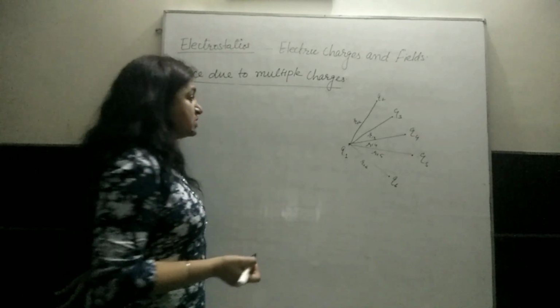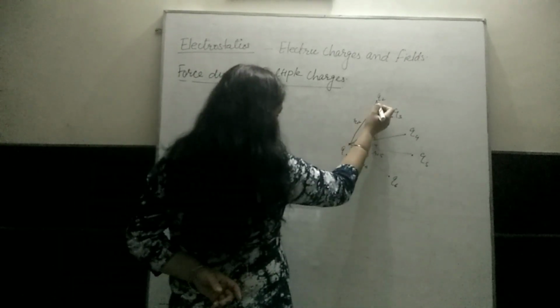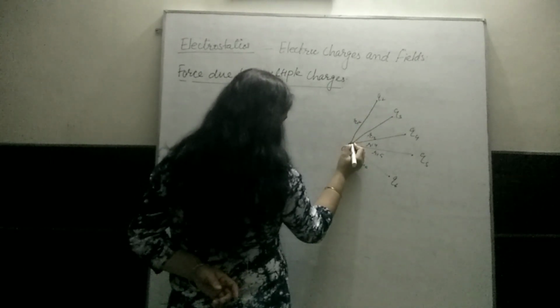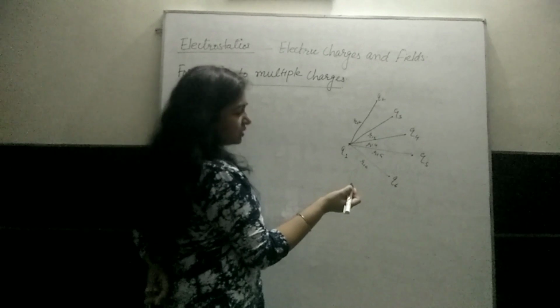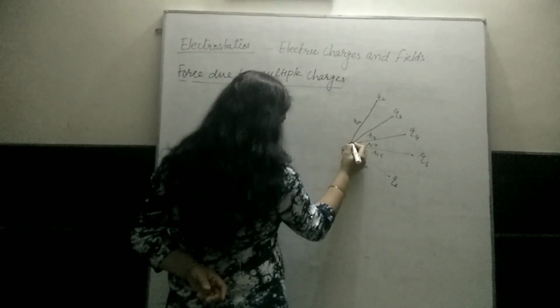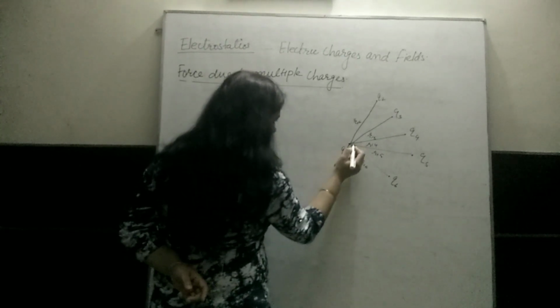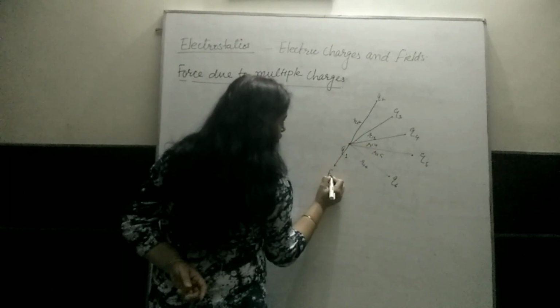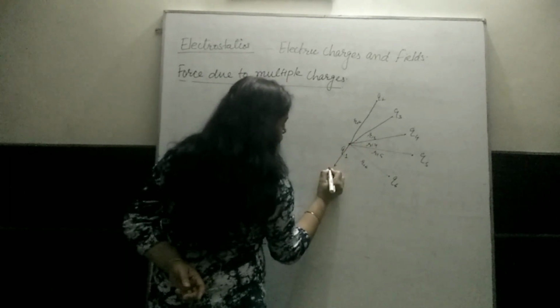As per the nature of the charges, whether attractive or repulsive, each charge applies a force, and for simplicity we consider all the charges to be positive. So this charge is pushing Q1. This is the force on 1 due to 2.